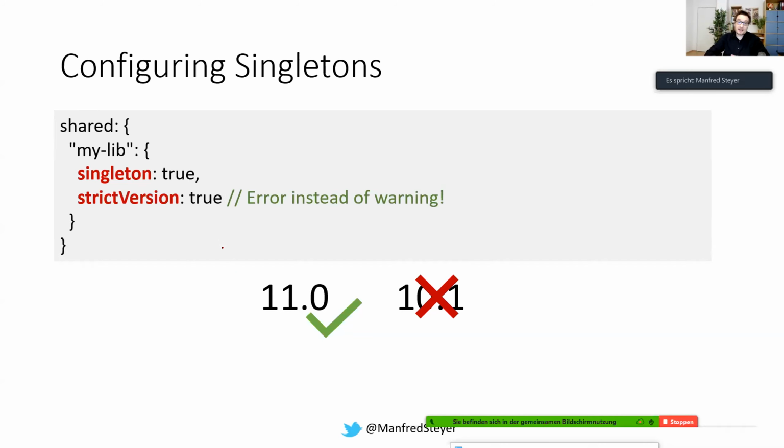You can also say, hey, let's enforce strict versions. In this case, you don't get a warning, but a runtime error. Fail fast is the motto here. Fail fast, don't do a thing because it might have some bad consequences. Hopefully someone finds out using integration tests.